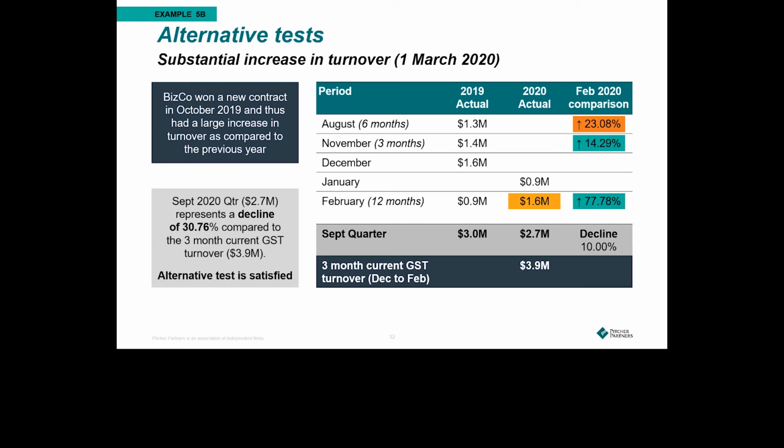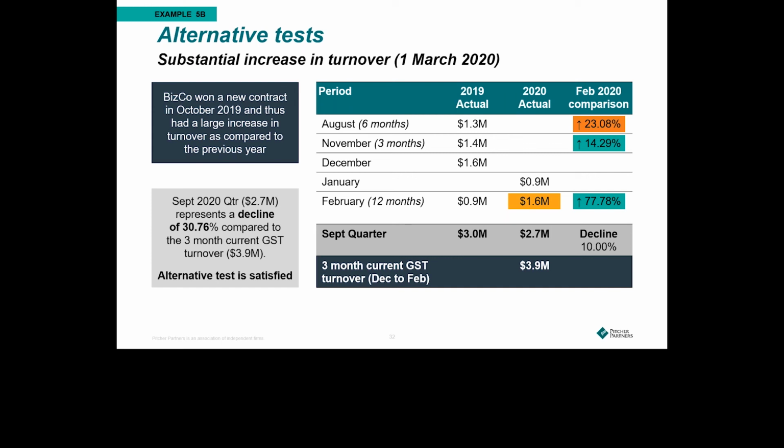As on the screen, you can see by comparing February 2019 to February 2020, but also that its turnover increased by more than 12.5% in the 3 months prior to March by comparing November 2019 to February 2020. Again, it doesn't matter that BizCo didn't also satisfy the third of those options, being the growth in the prior 6 months.